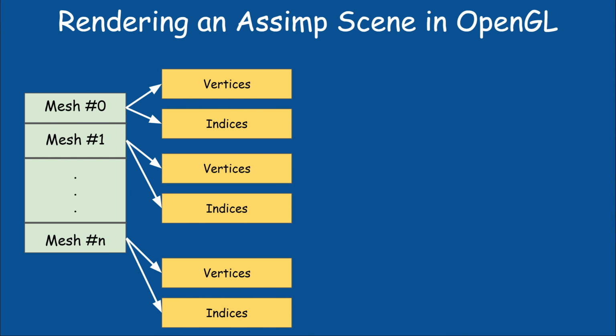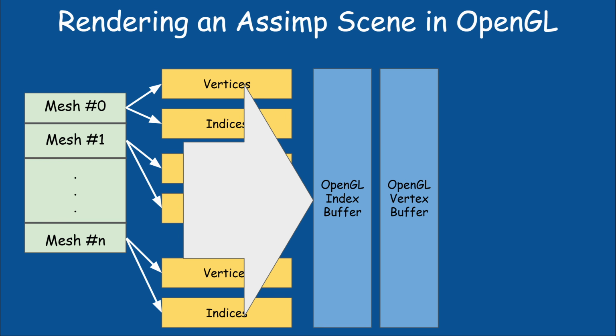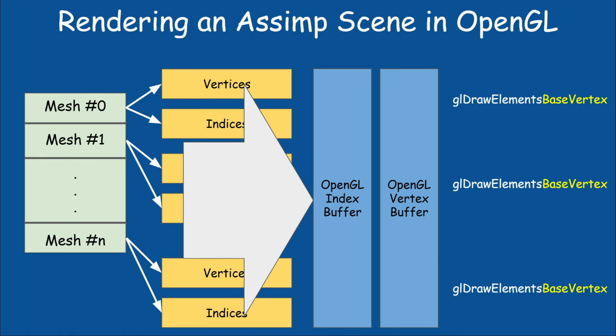We can improve it by loading all the vertices and indices of all meshes into a single pair of vertex and index buffers and use GL draw elements base vertex as the main draw call. This function takes a base index and base vertex parameters, which can point to different locations in the index and vertex buffers.